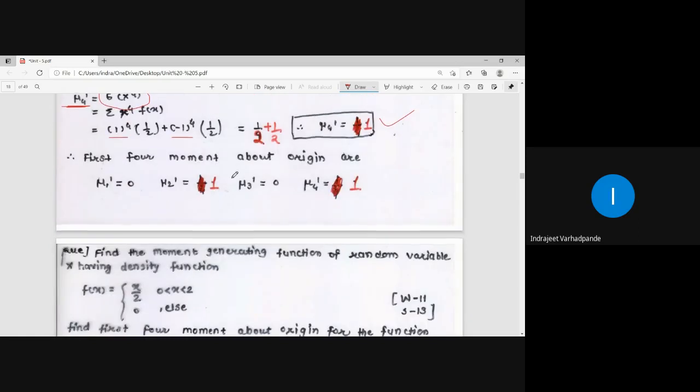So what are the first four moments about origin? Mu1 dash is 0, mu2 dash is 1, mu3 dash is 0, mu4 dash is 1.